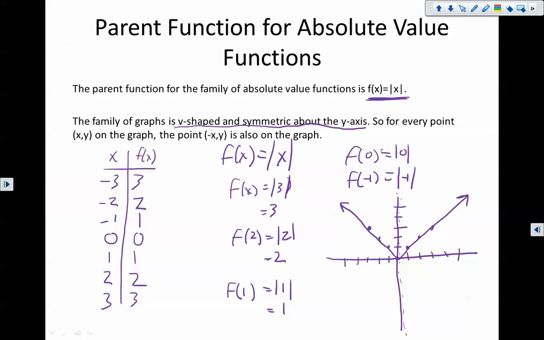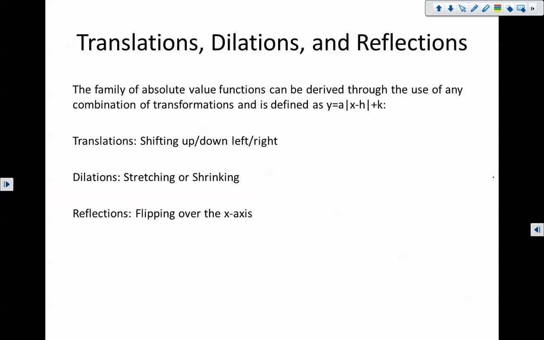However, we can do some transformations to this graph. This right here is the parent function, meaning it is the function that has been unchanged. This parent function is going to give birth to a family of functions based on a bunch of transformations that we can do to it. We've got 3 different types of transformations.